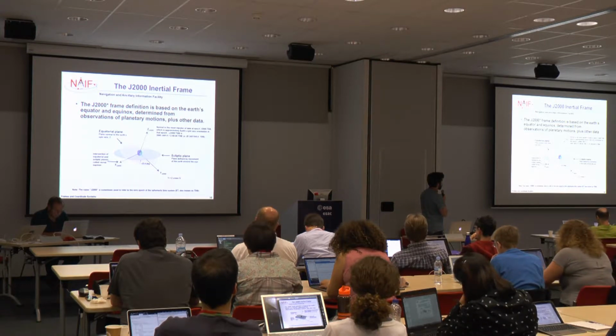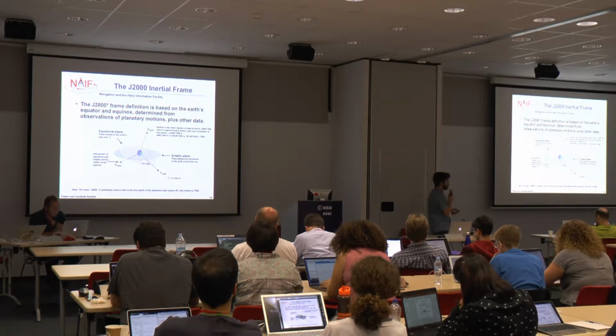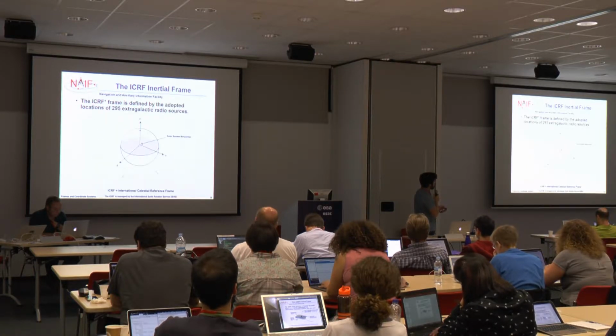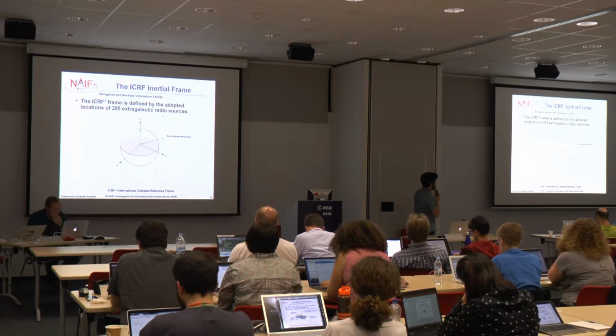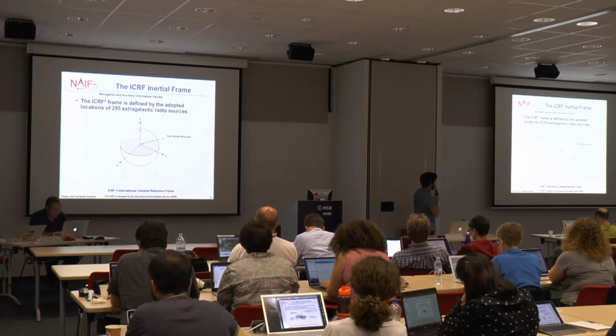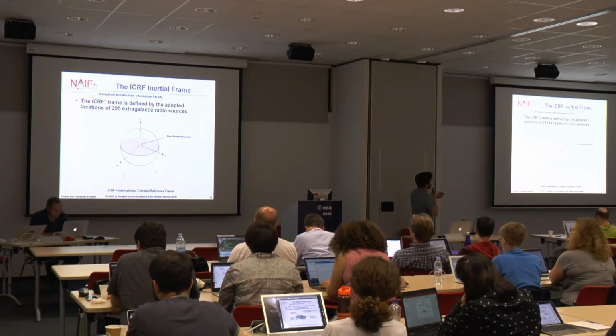That's going to be our x-axis, and then y is z cross x, and that completes our orthogonal frame. This frame has a, so to speak, more modern definition, which is the ICRF, the International Celestial Reference Frame, and this is defined by the adopted location of 295 extragalactic radio sources.